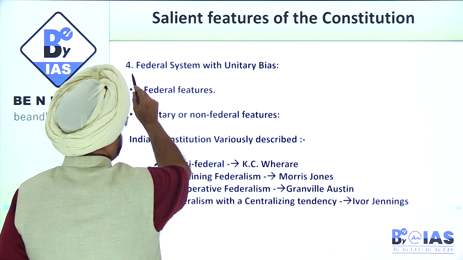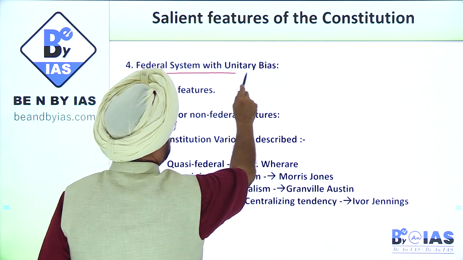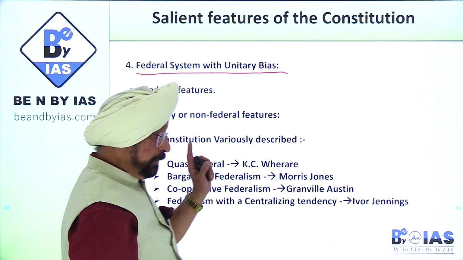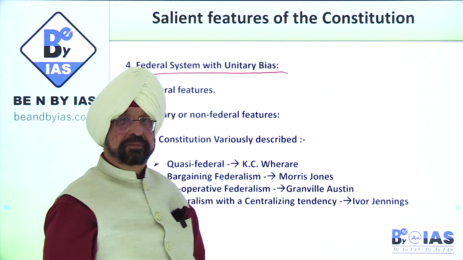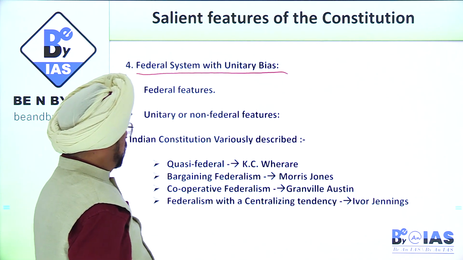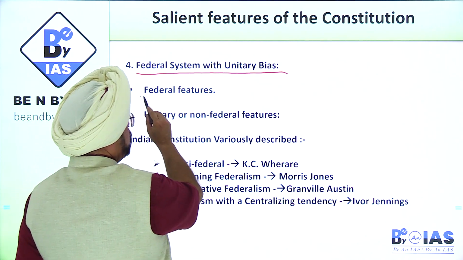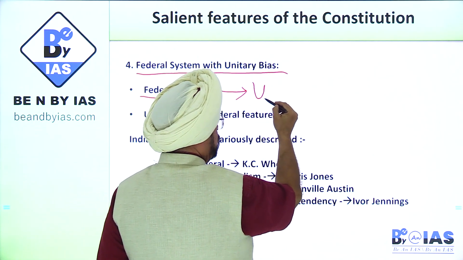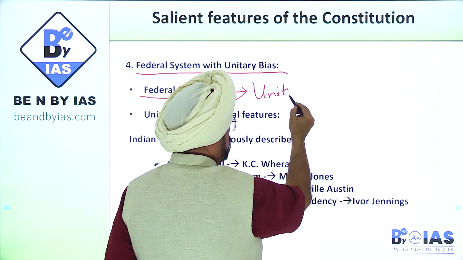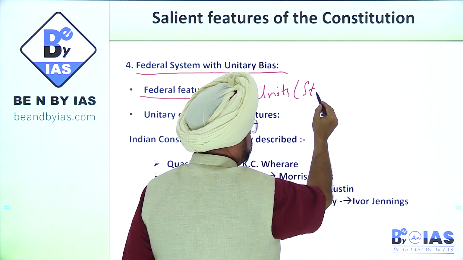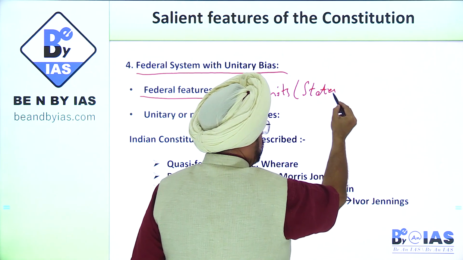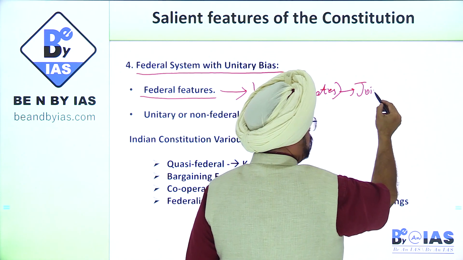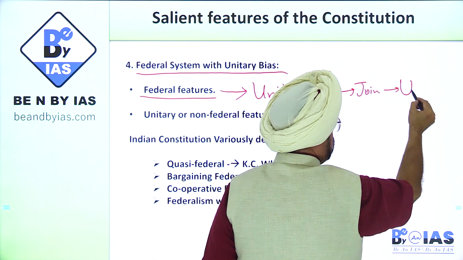Now, ours is called a federal system with unitary bias. This we will study when we do federalism. But for the time being, the federal features are that the units, in our case the states, join the union.